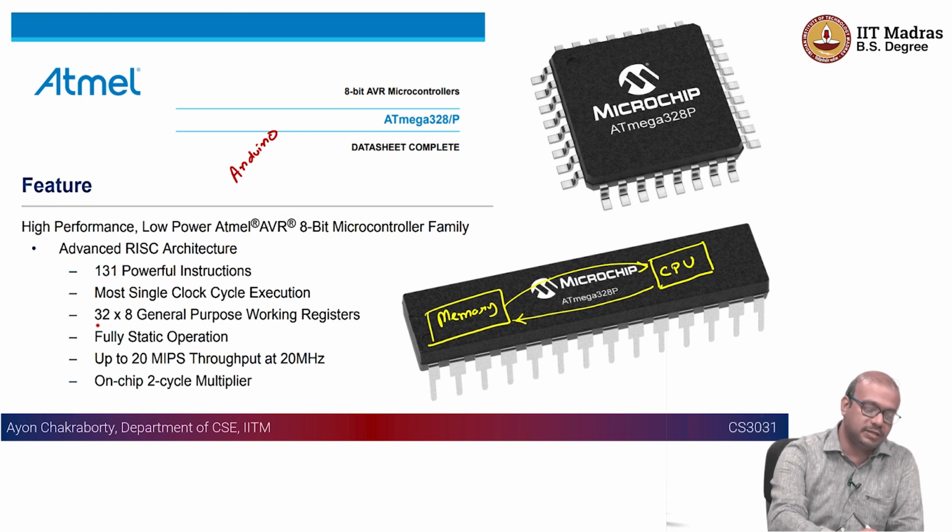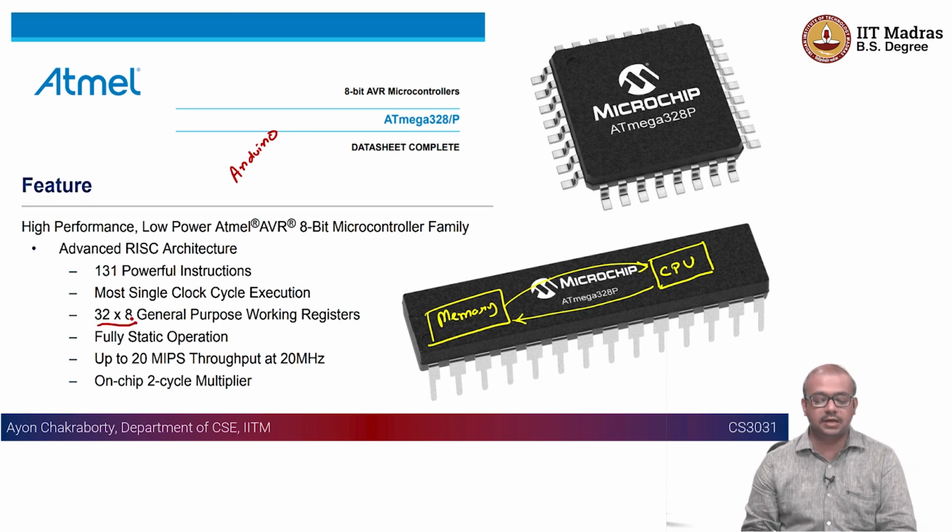Probably you can understand what this means. 32 into 8 general purpose working registers. I have already told you about a concept called a register file. A register file inside a CPU contains a collection of registers. In our Gajendra-1 architecture, we only have 3 registers A, B, and C, as I told you.